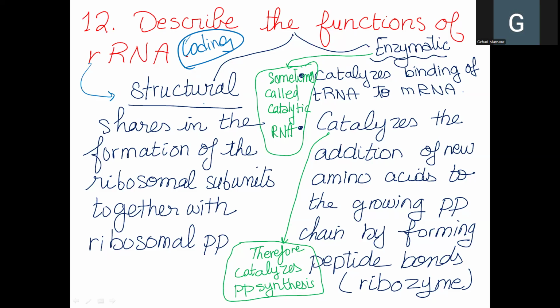The structural function is that the ribosomal RNA, together with some polypeptides that are translated in the cytosol and that are called the ribosomal polypeptides, share in the formation of the material of the ribosome. They are the building molecules of the ribosomal large subunits and small subunits.